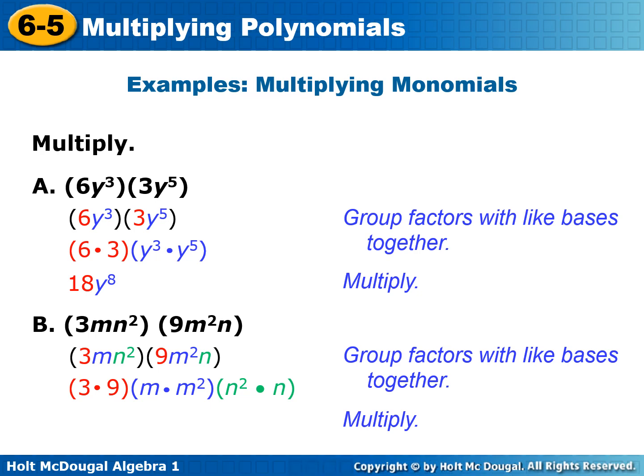So we have here 3 times 9, that's basically 27, m times m squared. So we keep the base m and we add exponents. Now notice, class, that for m we have here an imaginary exponent 1. So that becomes 1 plus 2, so that's 3.